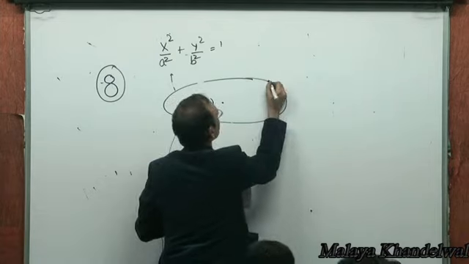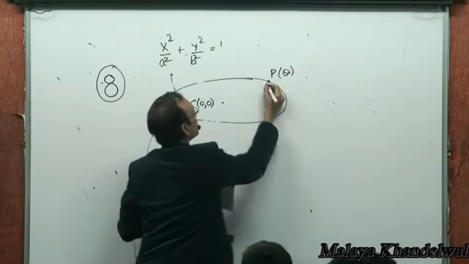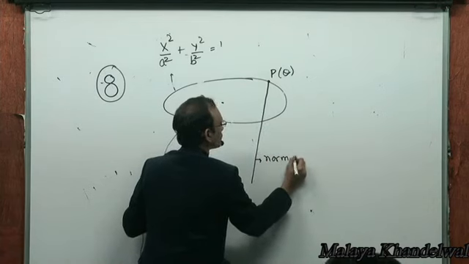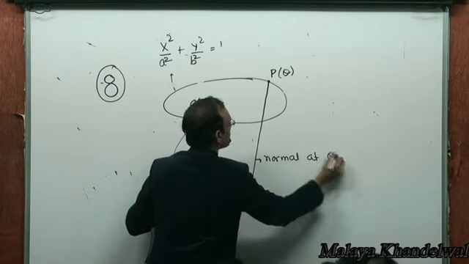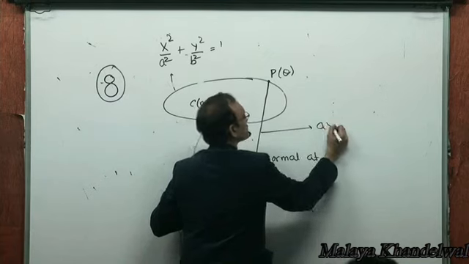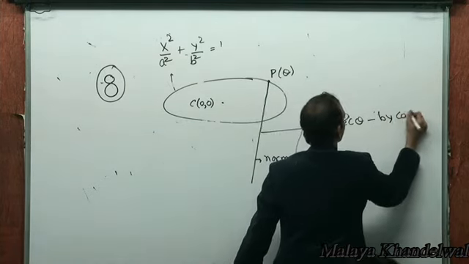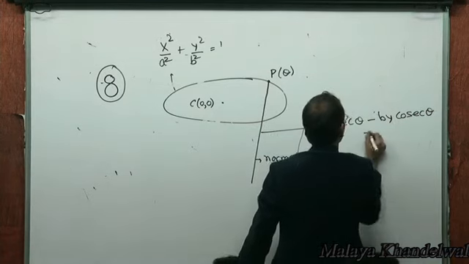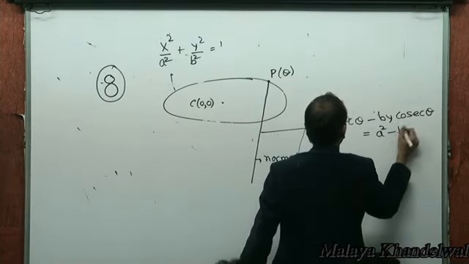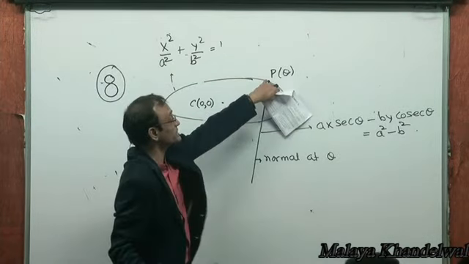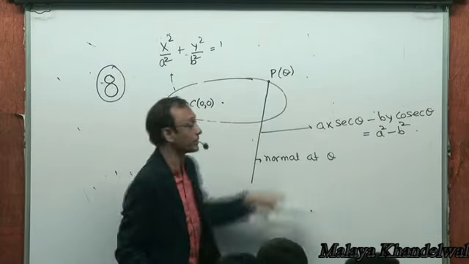And there is a variable normal at any given theta. The normal at any given theta can be given by ax sec theta minus by cosec theta equals a square minus b square. That's the normal at any given theta. If you draw different normals at different thetas, you get different equations, right?